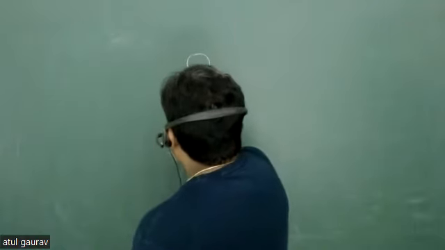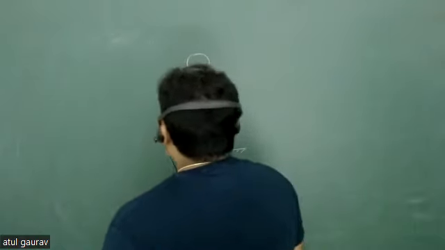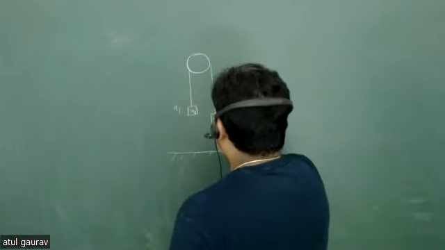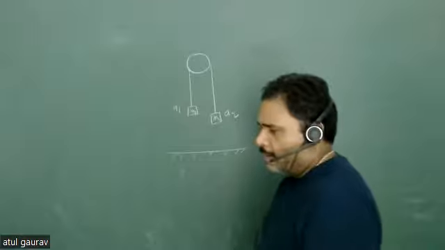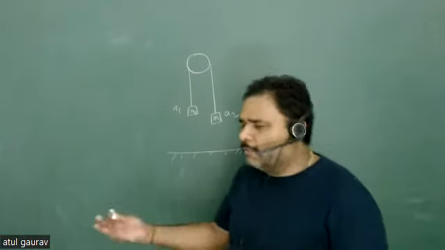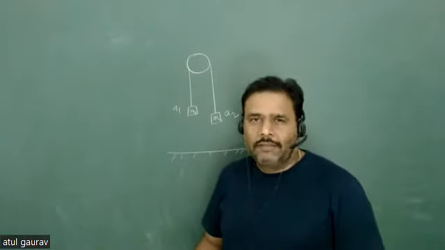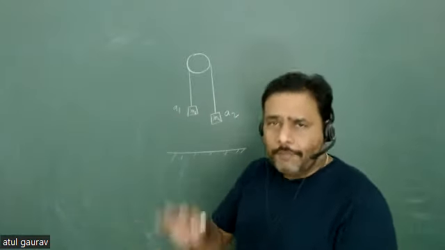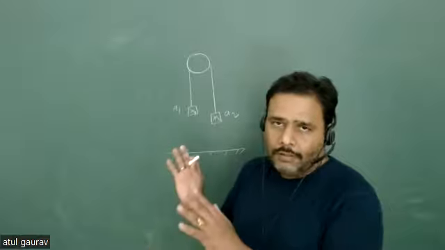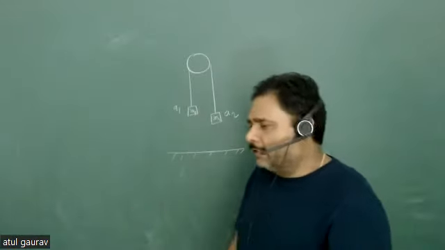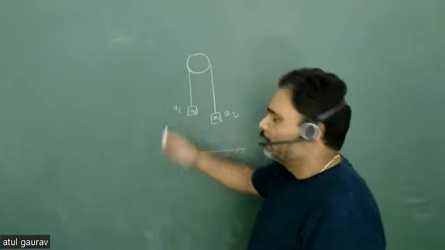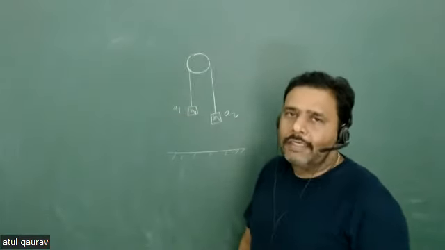The acceleration of m1 is a1 and the acceleration of m2 is a2. We can just assume whatever be the direction of anything. If you use the equation of constraint, then you can easily write the equations of motion, and finally you will get the correct answer.